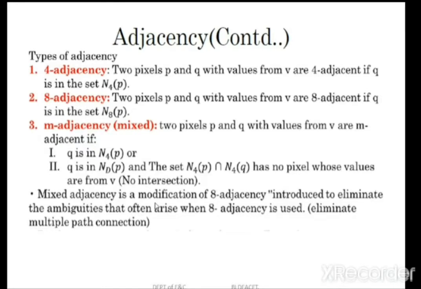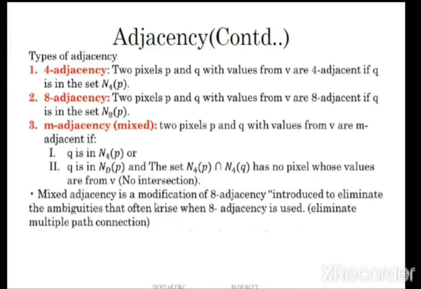We can have 8 adjacency, and also we can have M adjacency between the 2 pixels P and Q. Remember, always this adjacency we define between the 2 pixels, say P and Q. And here, always to define the adjacency, we use a set called V. V is a set of intensity values. You can have some intensity values defined in the set V. Okay. Now first we are going to start with 4 adjacency.